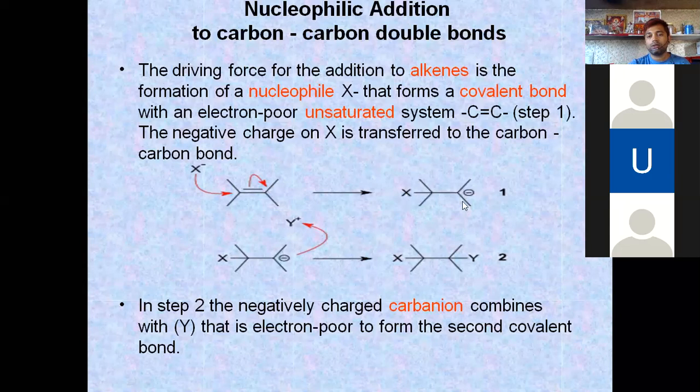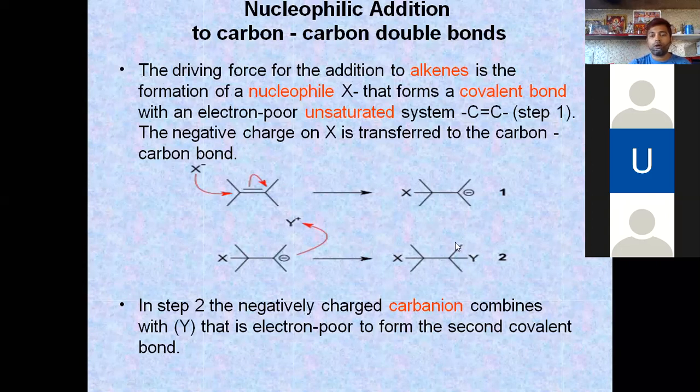You can see here in step 1. And in step 2, this carbanion will attack an electrophile and form another covalent bond with the electrophile.